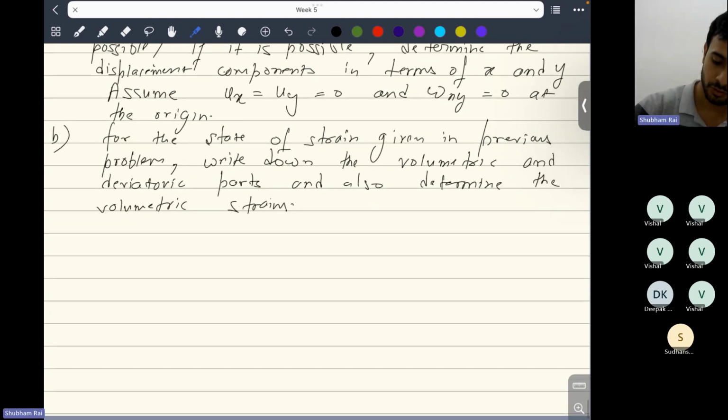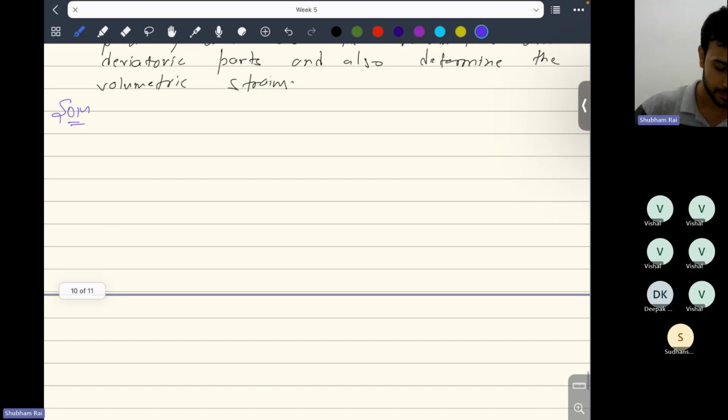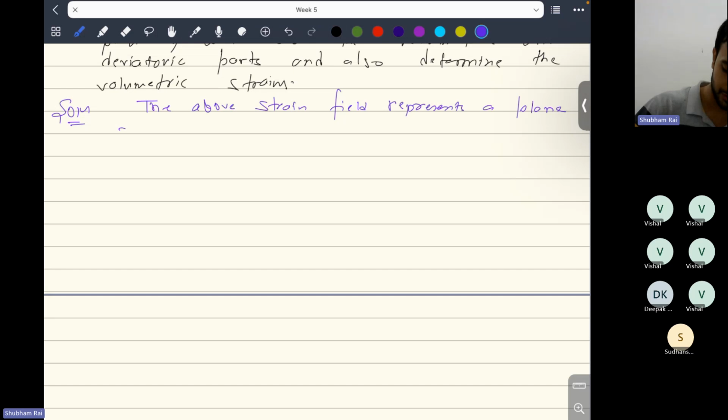Let me just start the solution. We can say that the above strain field represents a plane strain condition.